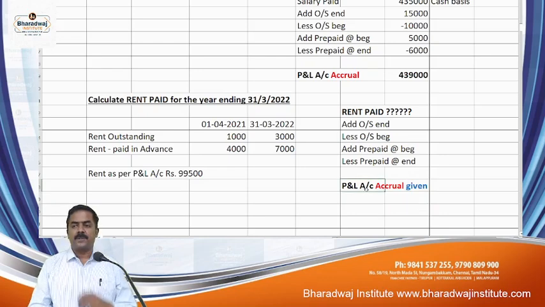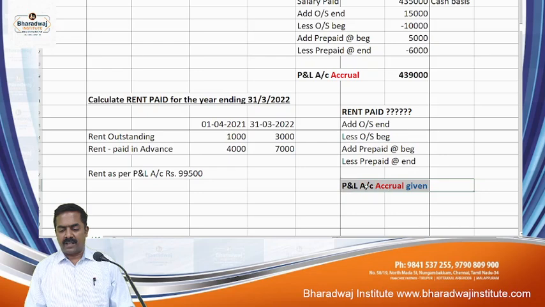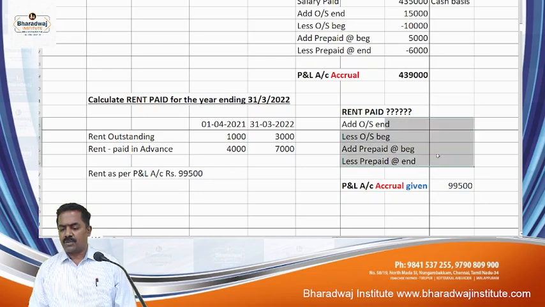What is given to us? Rent as per P&L account is given to us. How much is given? 99,500. 99,500. Just do the forward working.